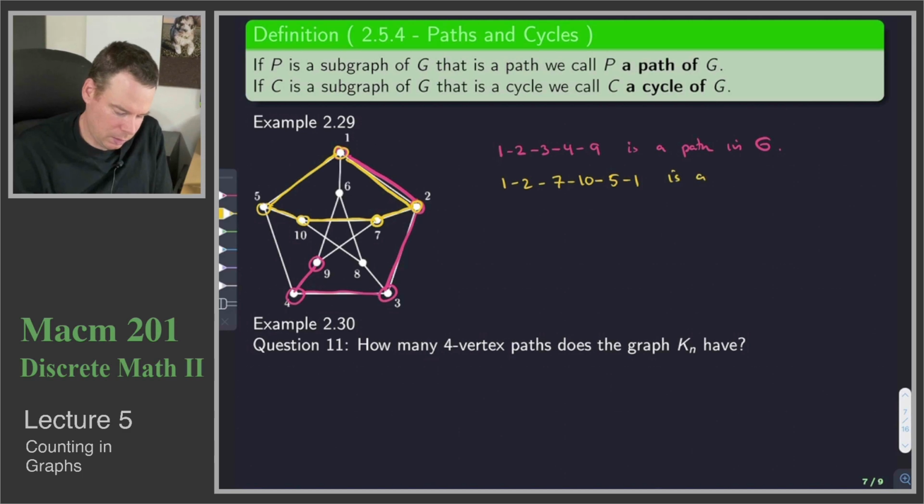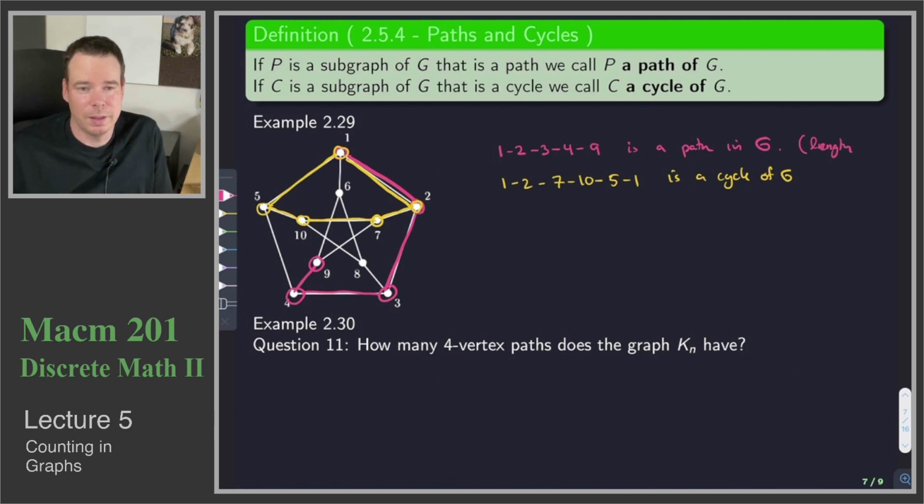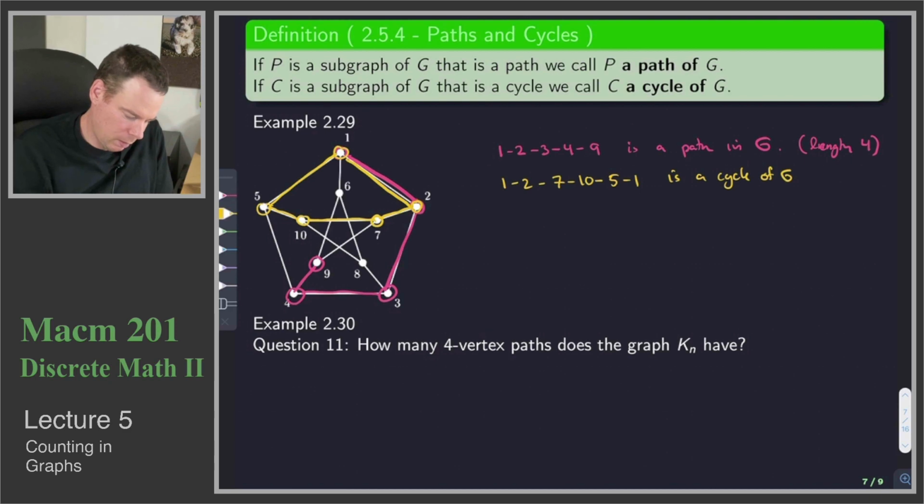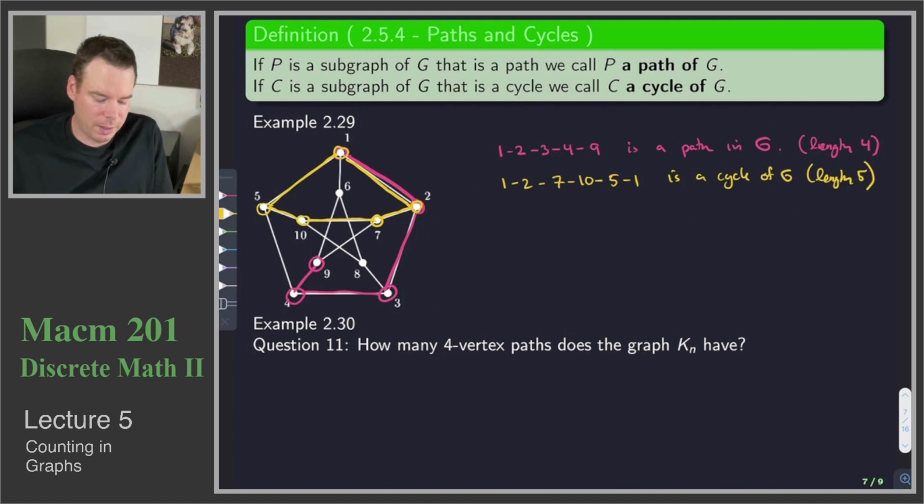That is a cycle of G. In each of these cases, we can also identify the length. What is the length of the path? Well, the length of a path, or the length of a cycle, is the number of edges in it. So this has 1, 2, 3, 4, so this is of length 4. Whereas in this case with the cycle, this has length 5.